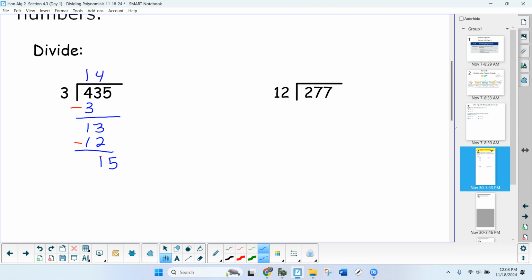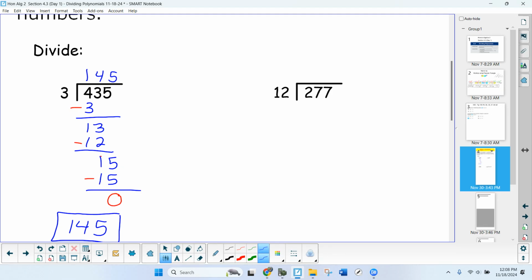How many times does 3 go into 15? 5. Multiply. 3 times 5, you get 15. Now subtract, and your remainder is 0. So that means your answer is exactly 145. Okay, so that was a lesson from 3rd grade.